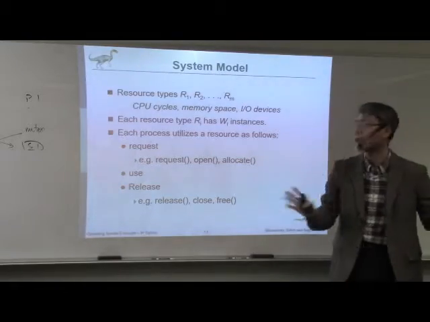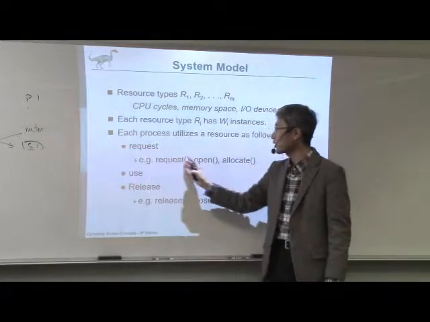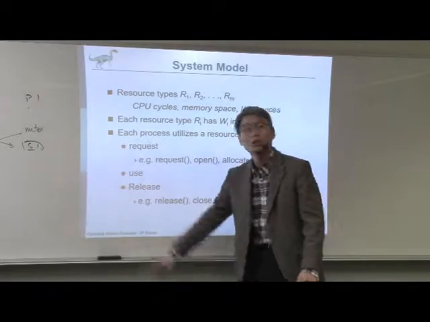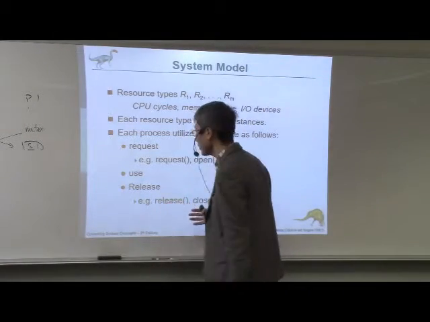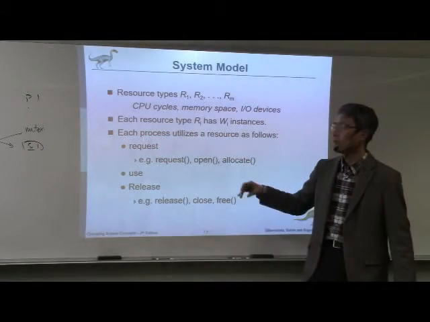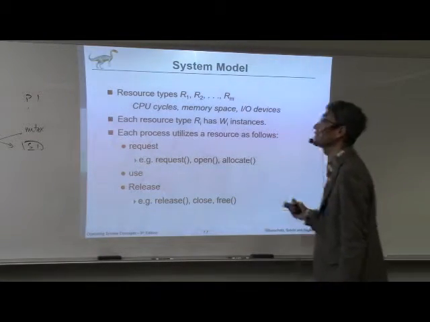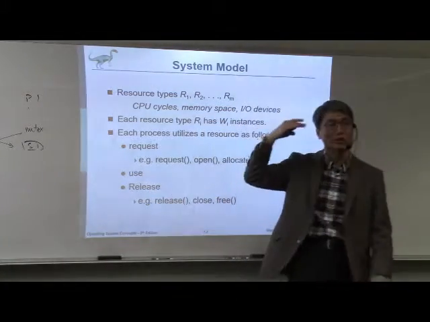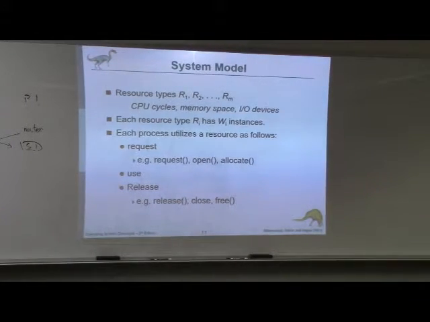There are different names, but the semantic of such a system call is a request. Then you can use it. Once you complete your operation, you need to release that resource. It can be various, like fclose, or free, and release, but the semantic of such a system call is the release. So it's three steps: you need to request and get the resource, use it, and release it.